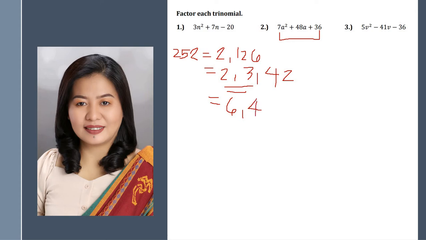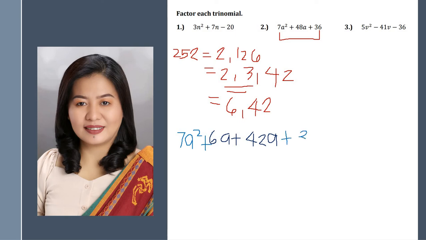So you just have to check other strategies also to look for the factors, especially if it already reaches 3 digits. Okay, so instead of writing 48a, we will write 6a plus 42a. And we will be copying 7a squared plus 36, the last term.